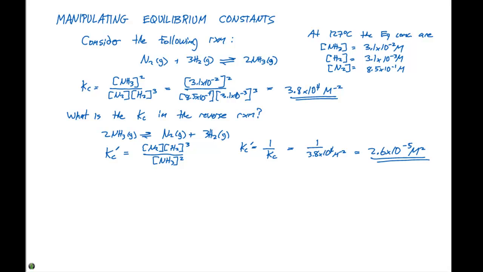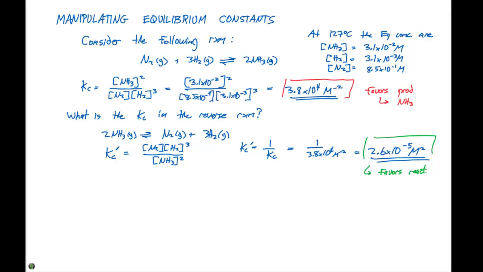Now notice when we're comparing these, they're both telling us the same thing. This first Kc right here, 3.8 times 10 to the fourth, is going to tell us that this favors the products. And the products in this case is NH3. If we now look at the 2.6 times 10 to the minus 5, this is a small k, so this is going to tell us that this favors reactants.